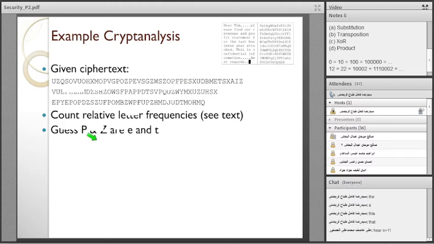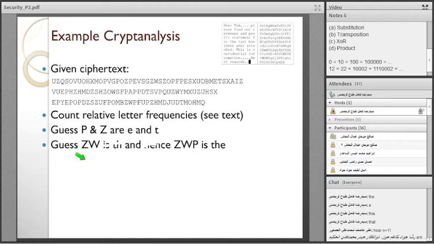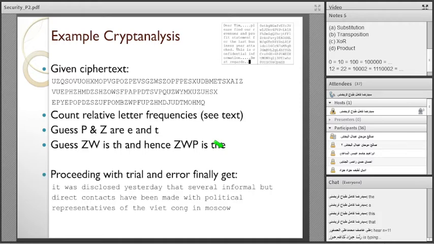So they guess that P and Z are E and T because they are more frequent, and then ZW and ZWE are TH and THE, and then you can break the encryption easily.